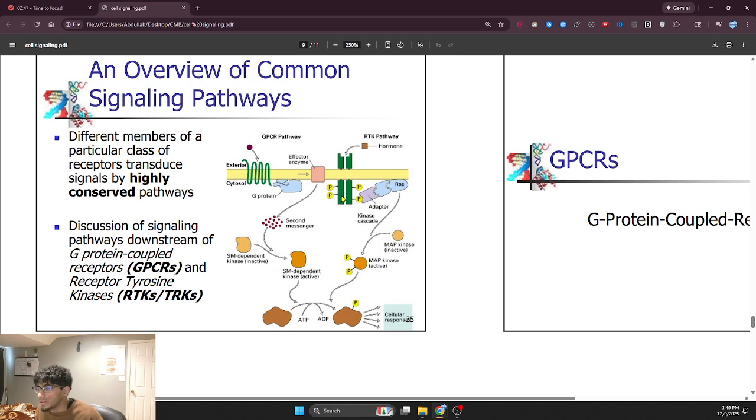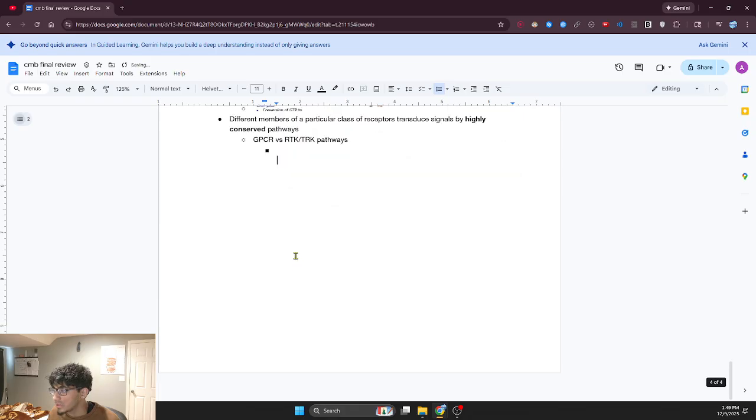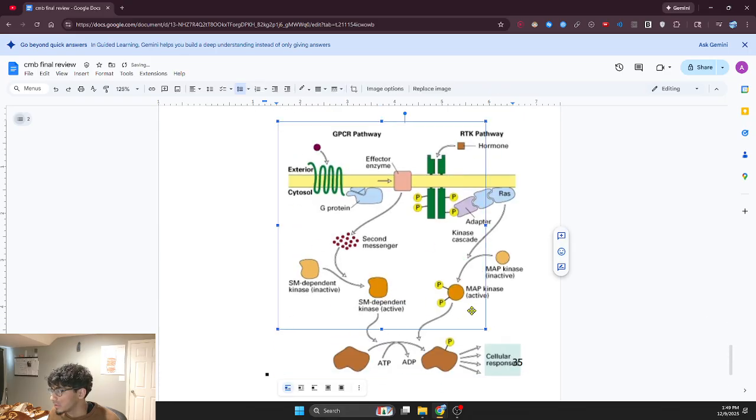So yeah, I don't even think I need to know this. I think it's an effector enzyme, dependent, active, adapter, MAP. It's easy, bro. I need to know the pathway itself. That's easy as hell.